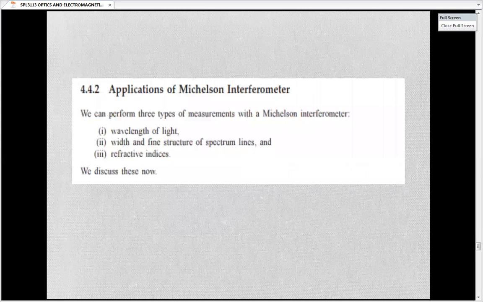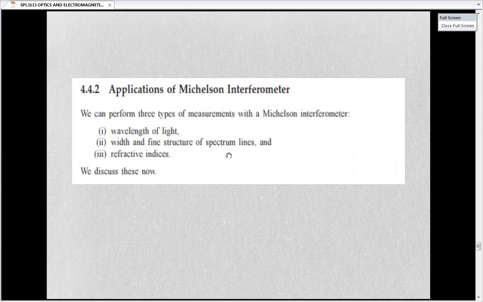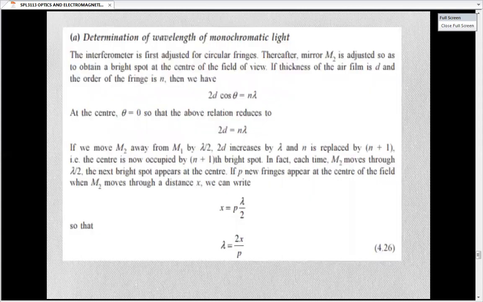There are three main applications of the Michelson interferometer, and that includes measurement of wavelength of light, the width of fine structure of spectral lines, and the measurement of refractive indices. Very briefly, I'm going to highlight these three applications. For the first one, we have the measurement or determination of wavelength of light.